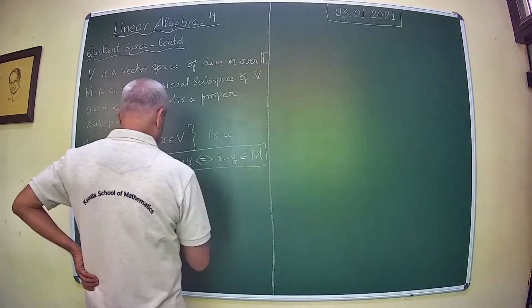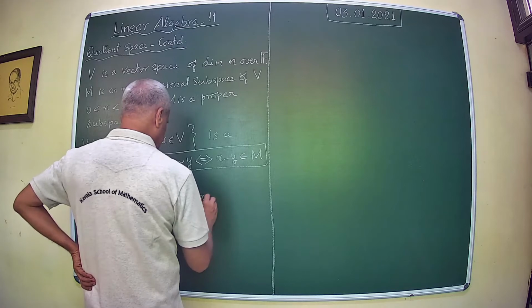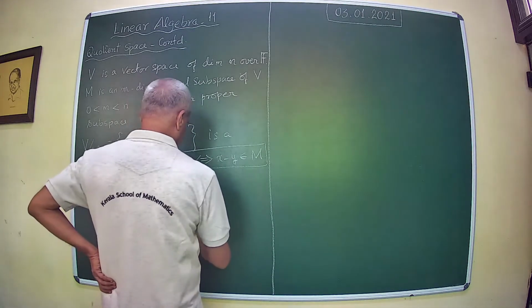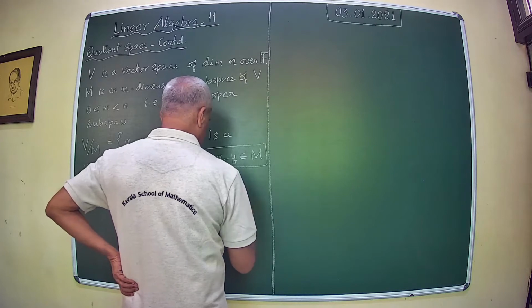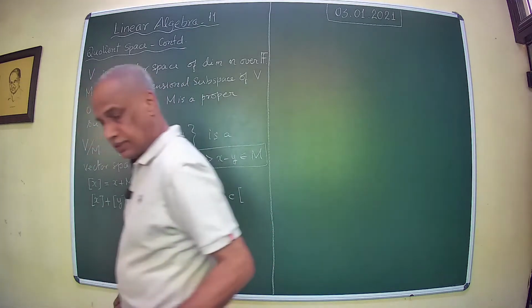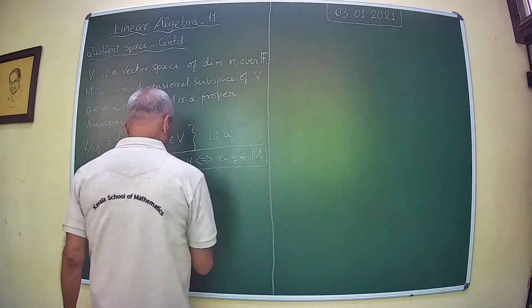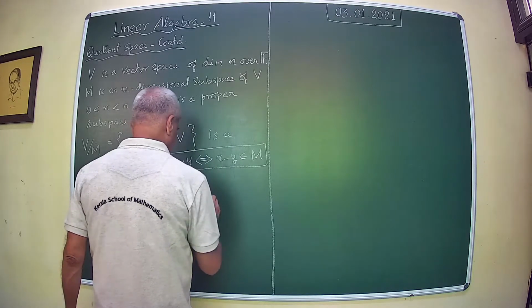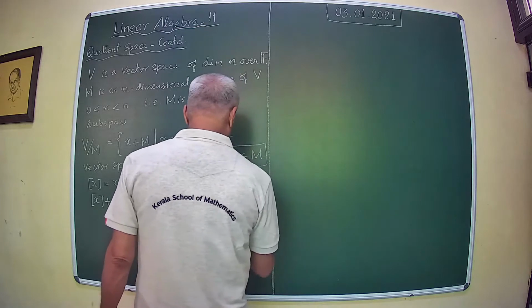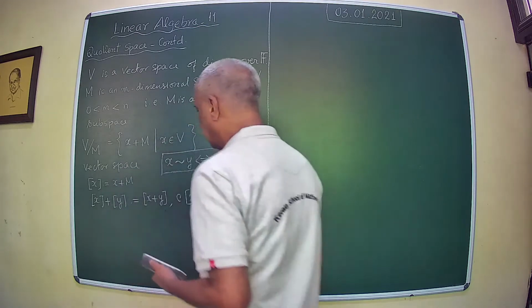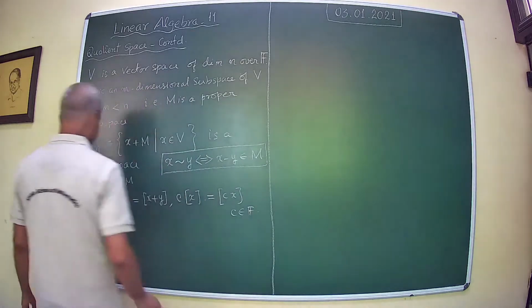Then c times x bracket, with c belonging to F and of course x belonging to V. Now with these definitions, V by M is a vector space.